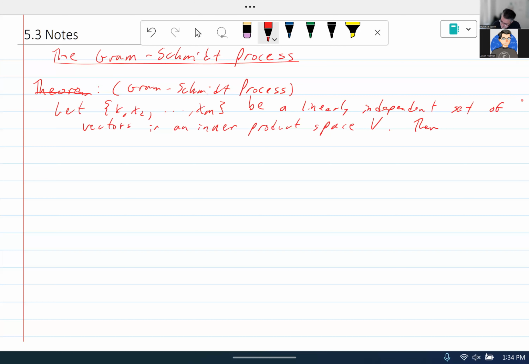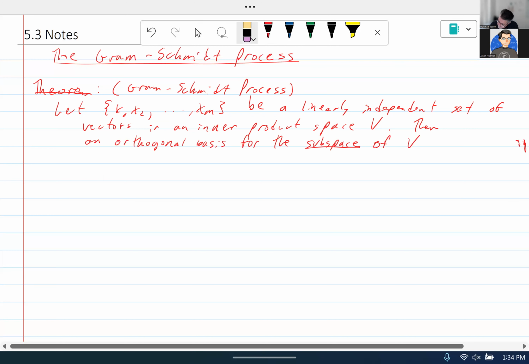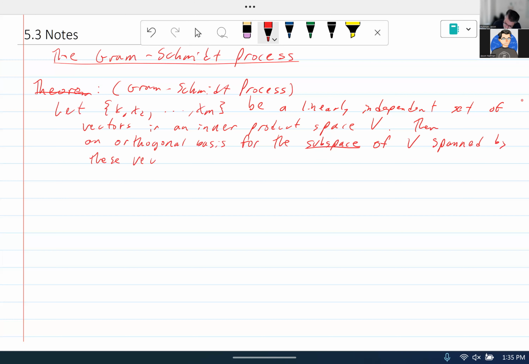So let x1 to x of m be a linearly independent set of vectors in an inner product space. And then an orthogonal basis for the subspace of V spanned by these vectors is, it's really a basis, an orthogonal basis, okay, is the subspace.